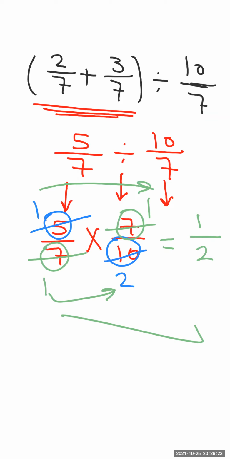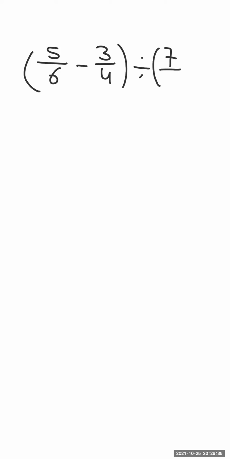One more question. It's 5 over 6 minus 3 over 4, divided by 7 over 12 minus 5 over 9.